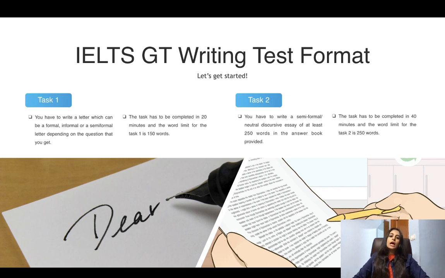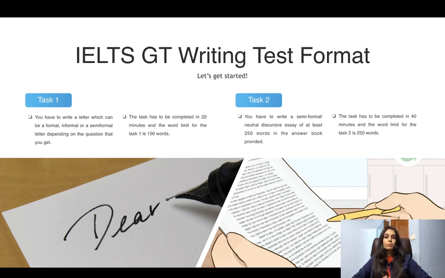Next up is task 2. So you have to write an essay in this. The essay could be a semi-formal or neutral essay, which has to be written in about 250 words in your answer booklet. So here it's 250 words in 40 minutes, and in task 1 it's 150 words in 20 minutes.